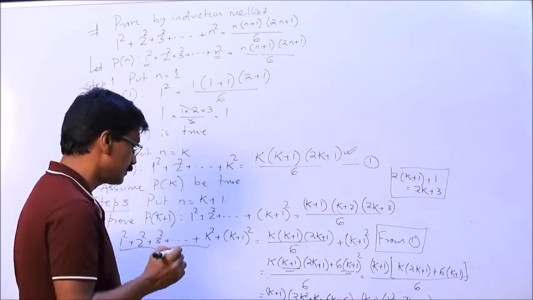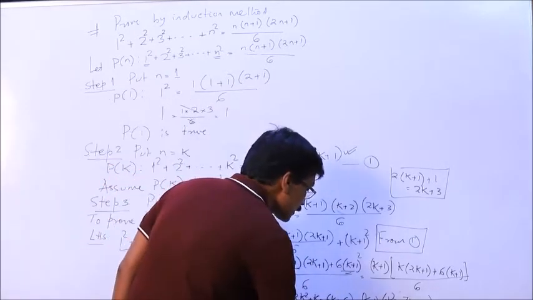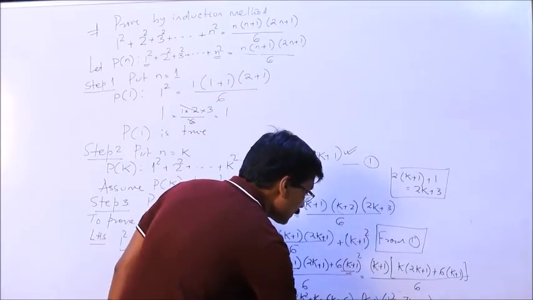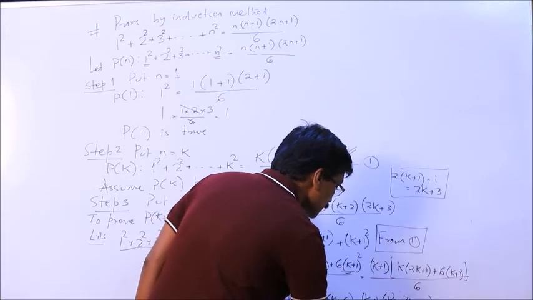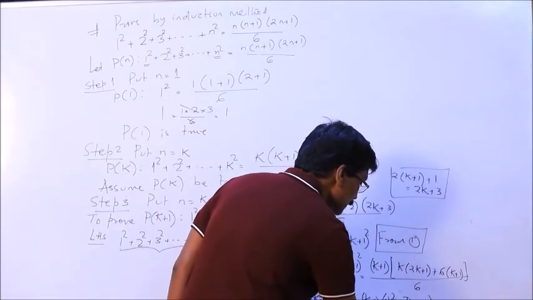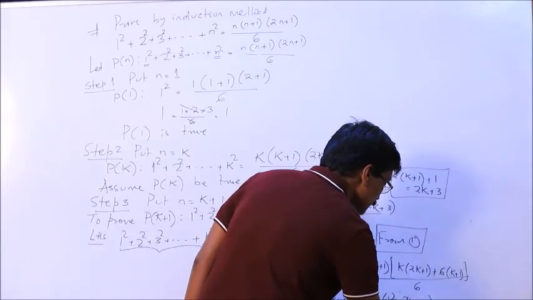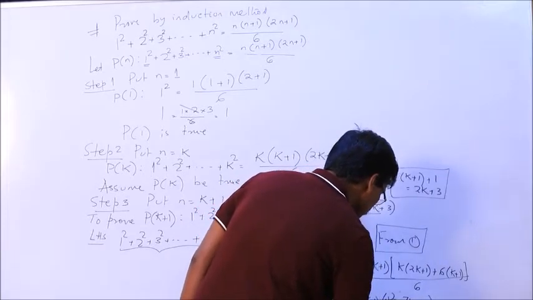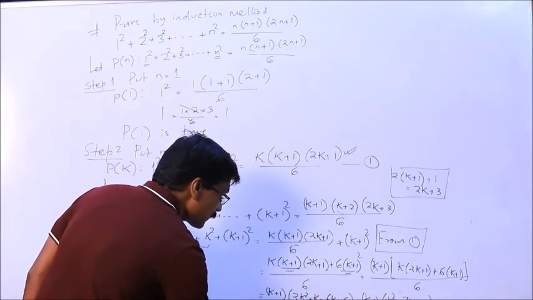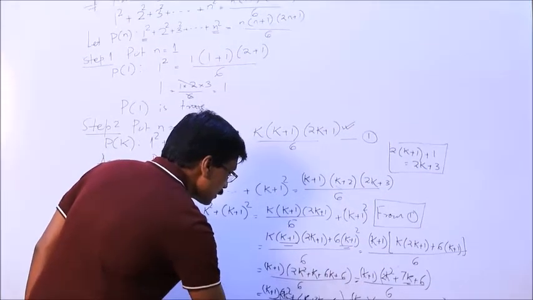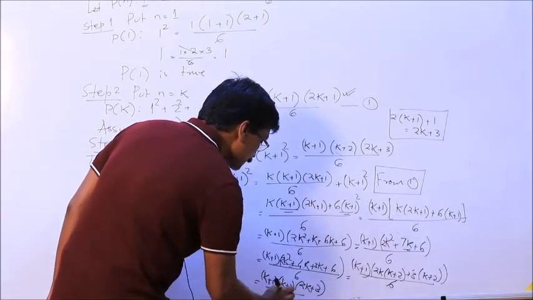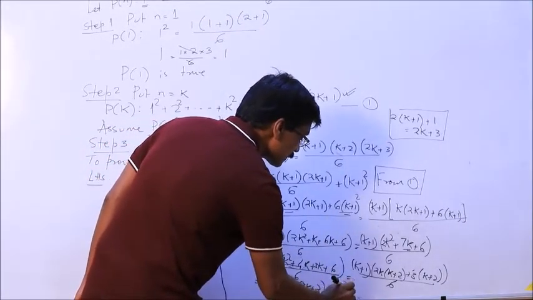The factorization, that is (k+1), from 2k square plus 4k taking common 2k, that is (k+2), plus 3 into (k+2), divided by 6. So, which is equal to (k+1) into (k+2) into (2k+3) divided by 6. So, this is the RHS.